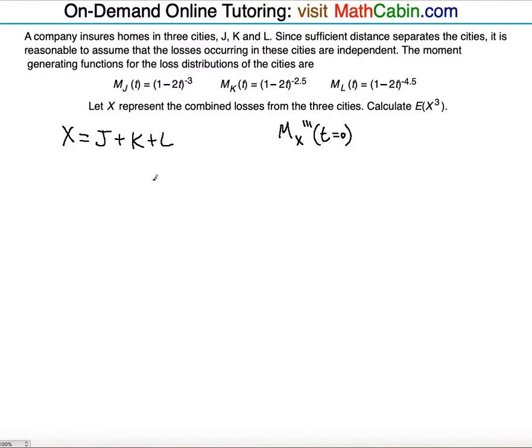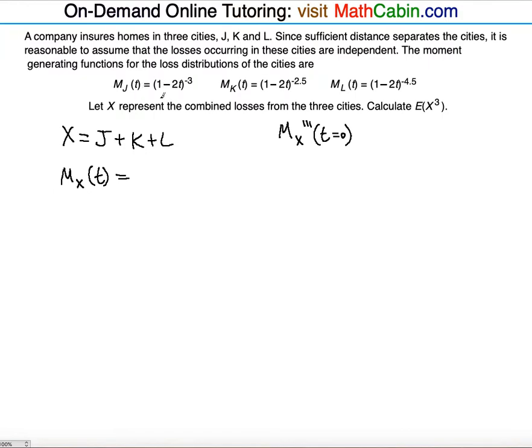To do that, you have to understand how to use these 3. Notice that the moment generating function of X is going to be the product of all of these 3. And why is that? It's because the losses occurring in the cities are independent, right?